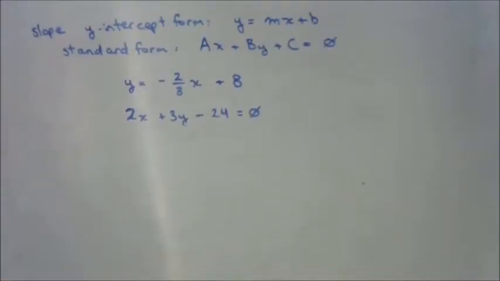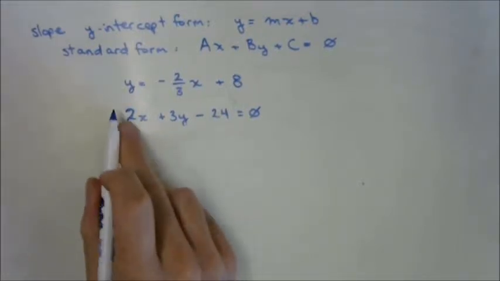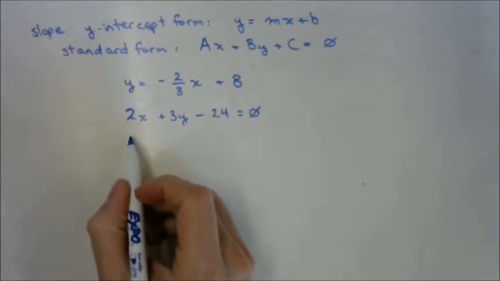There is a third form for a line. It doesn't have a name, but it's really helpful for graphing so that when you're in standard form, you don't have to convert to y equals mx plus b before you can graph. You can graph it in one less step. Okay, so that form is this, and you'll see how I came about it once you see it.